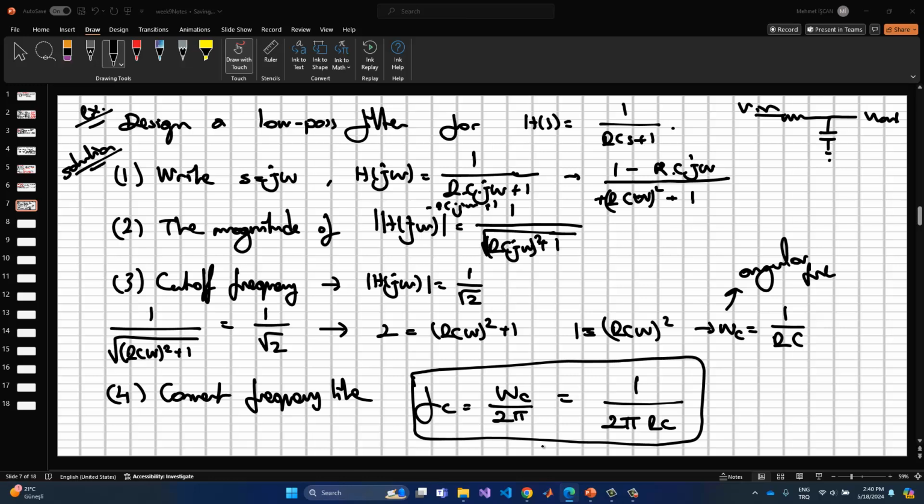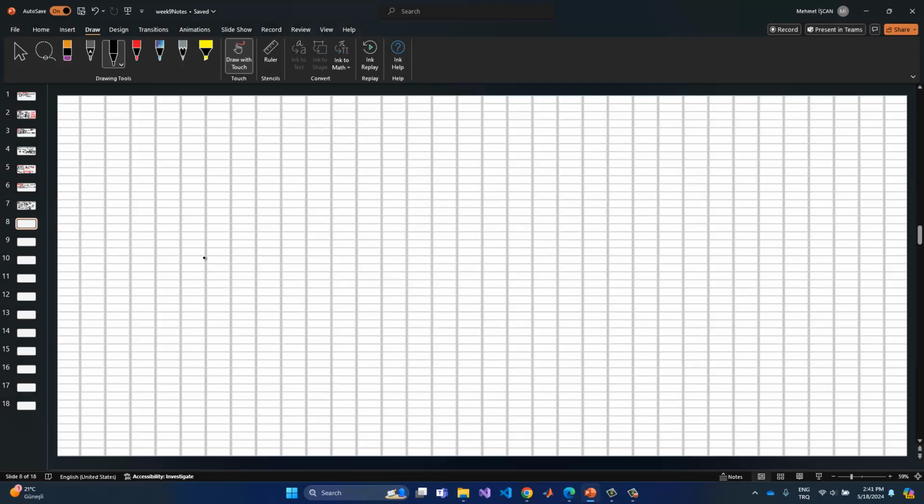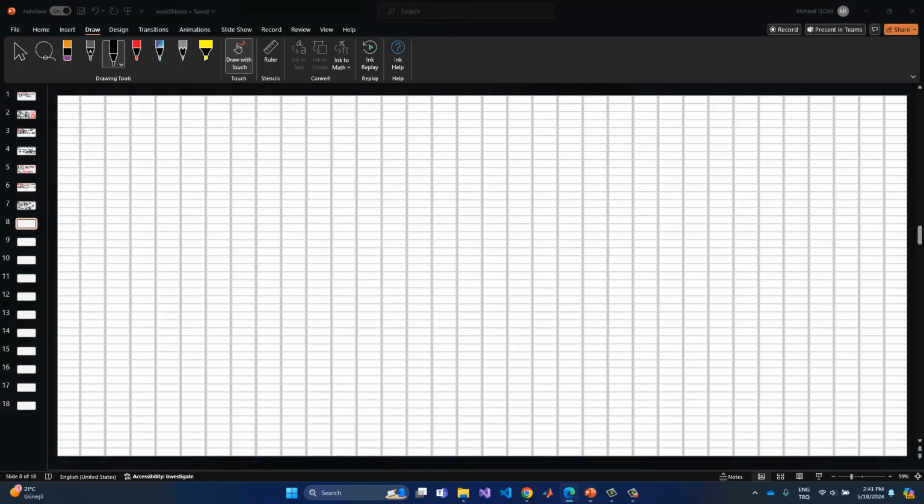Okay, we can design it in a simple way. For example, if we choose 1 divided by 2 pi, and say C is equal to 2, then we have the 0.5 hertz cutoff frequency in here. Okay, this is just simple as that.